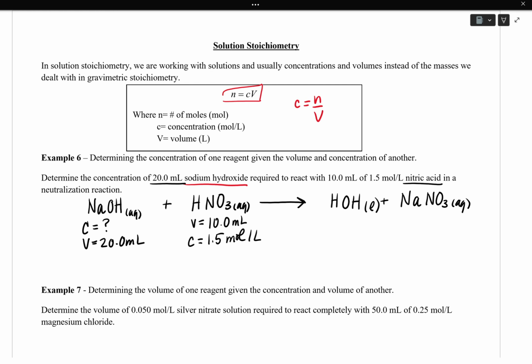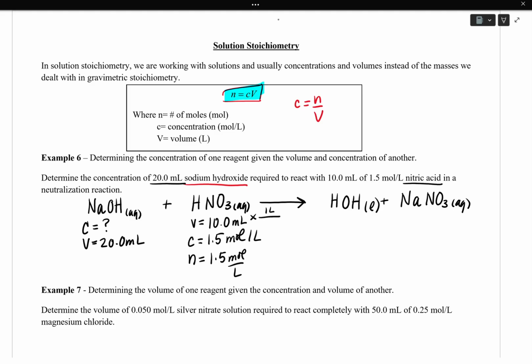Okay, and again, make sure you take a look at your equation and make sure it's balanced, which this one is. So we don't have to put any coefficients in front of any of our reagents. So now we can solve for the number of moles of our nitric acid, and we're going to be using this equation up here. So number of moles is the concentration times the volume. So number of moles of nitric acid will be our concentration, 1.5 moles per liter. Now take a look, that's in liters. So we have to convert our 10 mL to liters.